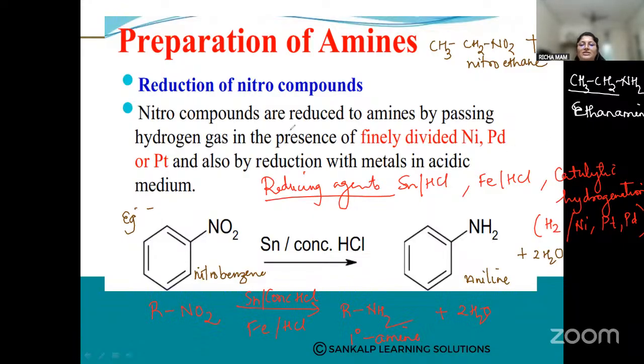Okay, so this is the reaction. We are doing reduction. How can we do reduction? By using a reducing agent. Which are the reducing agents? Tin HCl, Fe HCl, or you can do catalytic hydrogenation, that is by passing hydrogen over nickel, platinum, or palladium. Is it clear? Okay.